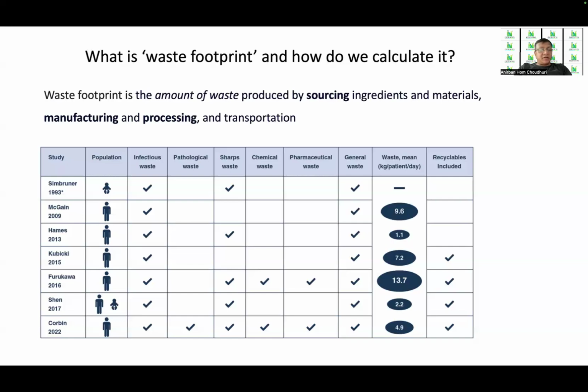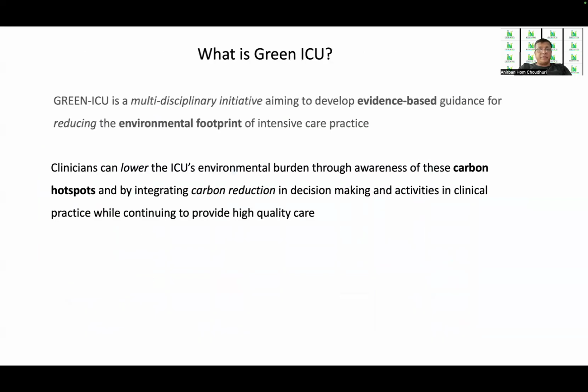A few studies like the Corbin study in 2022 have calculated waste generation of 4.9 kgs per patient per day after using recyclables, in contrast to the Furukawa study of 2016, where the data is as high as 13.7 kgs per patient per day. So there is a lot of variation in the data, but definitely once the recyclables are included, there can be a tendency towards a reduction of the waste footprint, if not the actual waste.